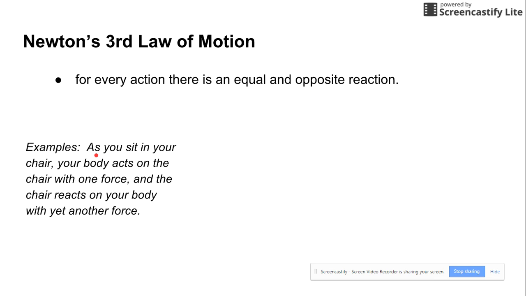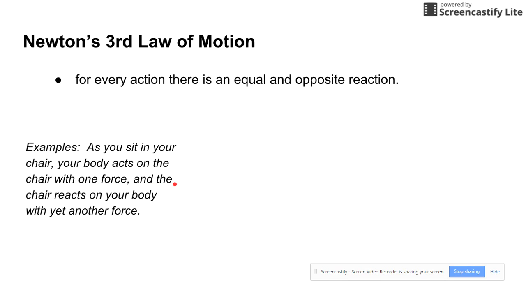Examples. Try to think about this as I'm reading through it, okay? Imagine yourself in the situation. As you sit in your chair, your body acts on the chair with one force, and the chair reacts on your body with yet another force. Your body acting on the chair with one force, that one force is gravity, because that's the weight of your body acting on that chair.